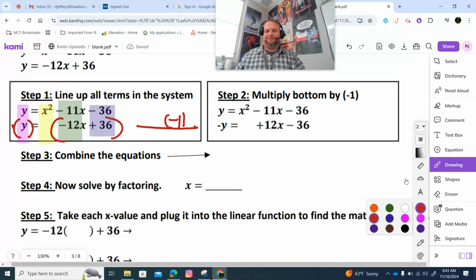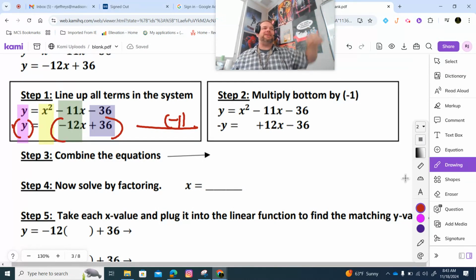All right. So, step three, combine these. If I have a y and I subtract a y, how many y's do I have? 0. Okay. All right, there's no other x squareds. Negative 11x plus 12x is the same thing as 12x minus 11x. If I have 12 of something and I take 11 of them away, what do I have? 1. Okay?